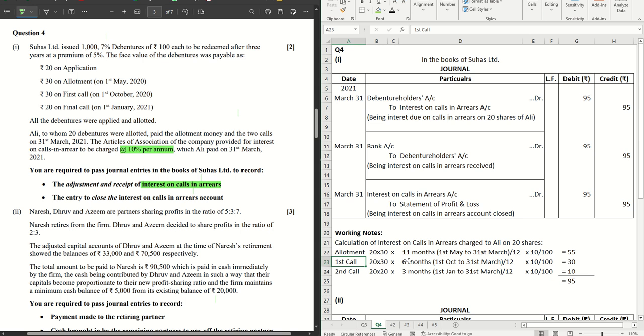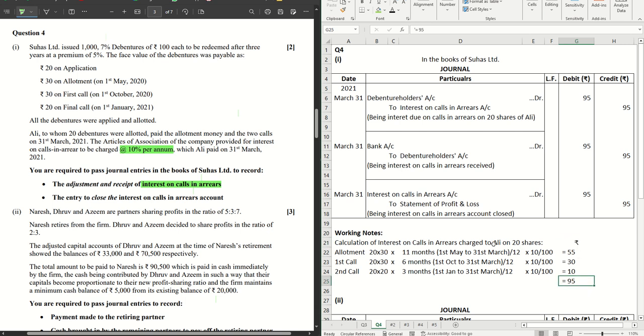So 6 months overdue: interest for 6 months at 10% on 600 is 30 rupees. The final call money, which he was supposed to pay on 1st January, he paid on 31st March. On the final call the amount is 400, because 200 rupees are there on final call. On 400, interest at 10% for 3 months is 10 rupees. So a total of 95 rupees.